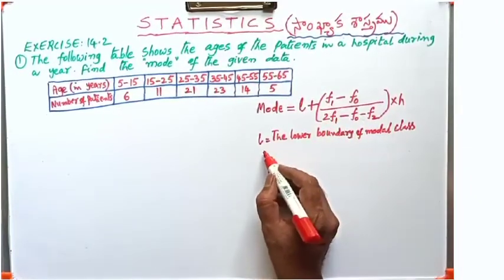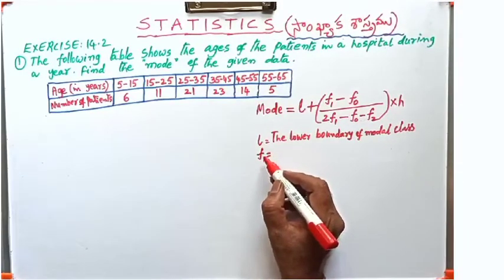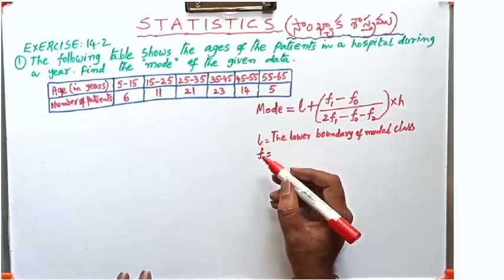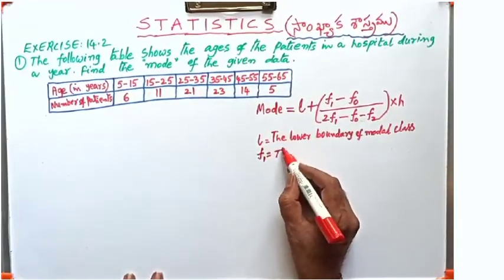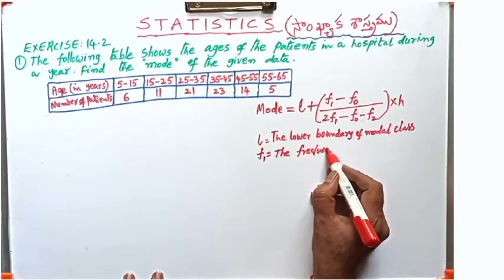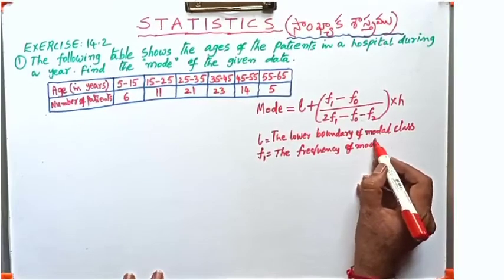And next, F1 is equal to the frequency of the modal class.